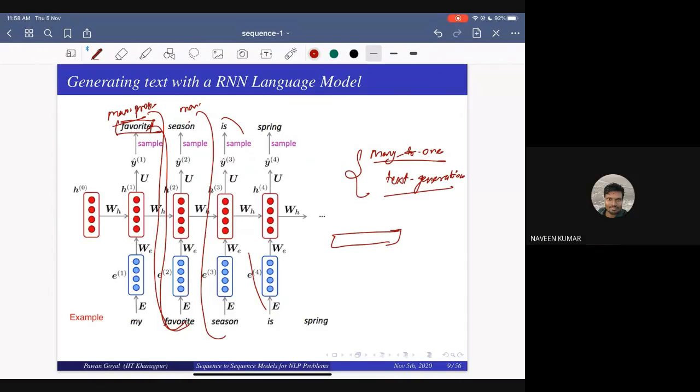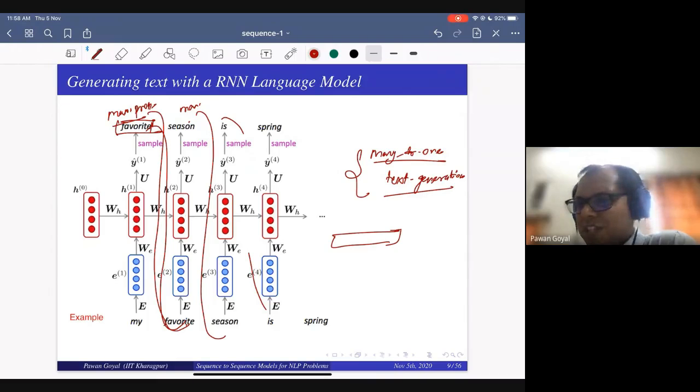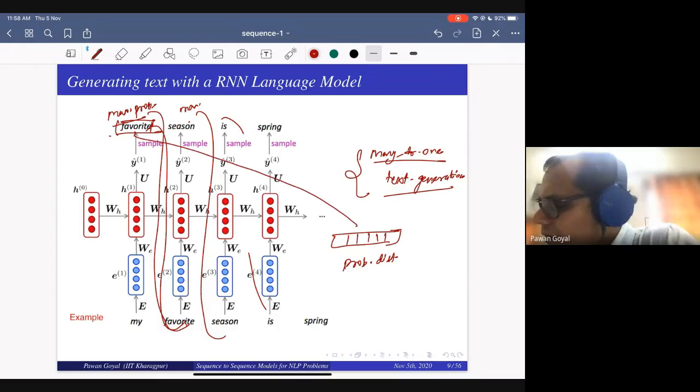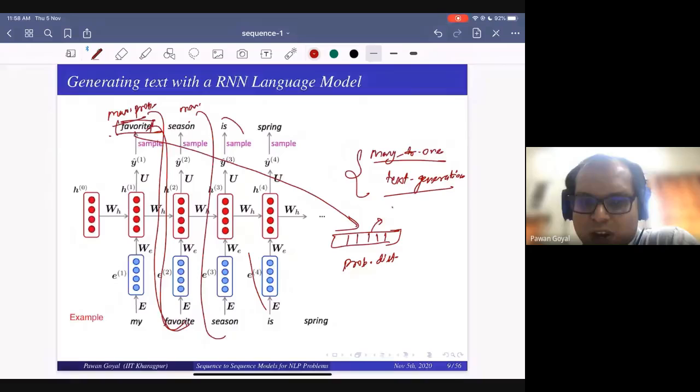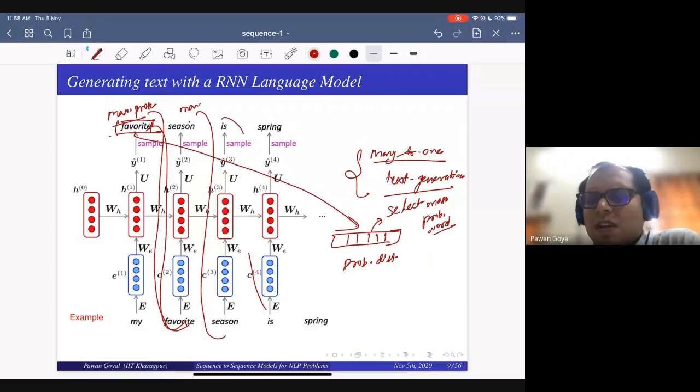Suppose you start with the start token itself. You get a probability distribution at the output, and you are selecting the max probability word. Now, instead of that, can you do something different?